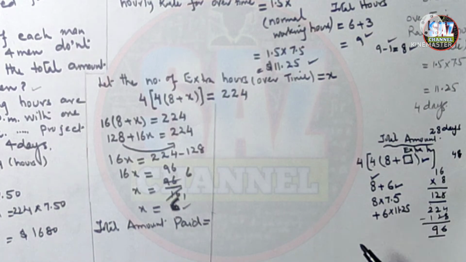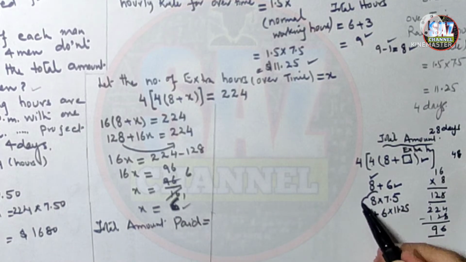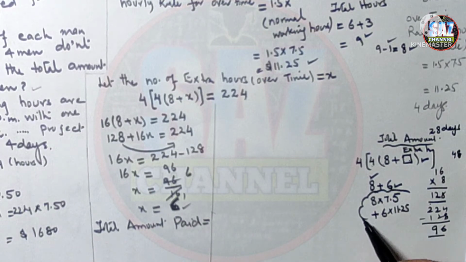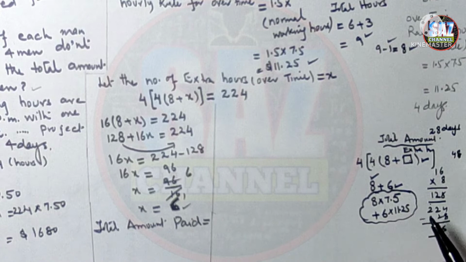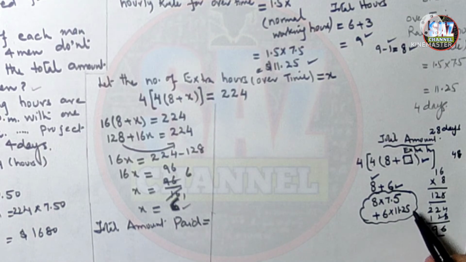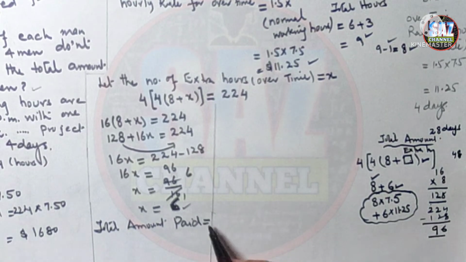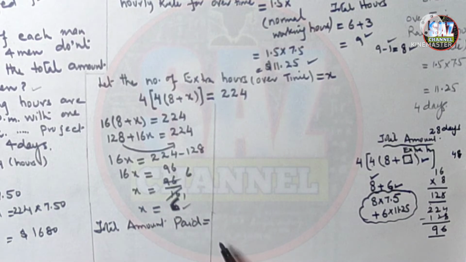Now this expression will give us the amount given to 1 man, but we need to find the total amount that has to be paid to 4 men for 4 days.